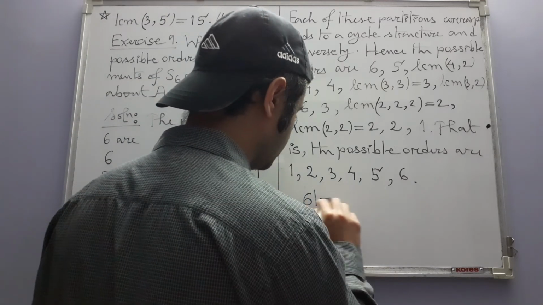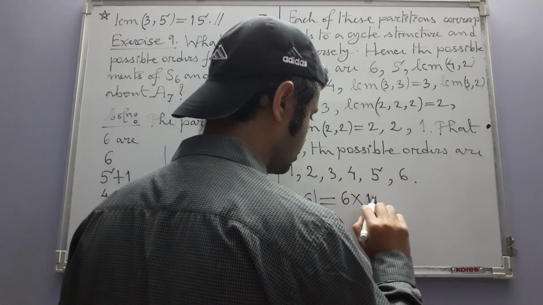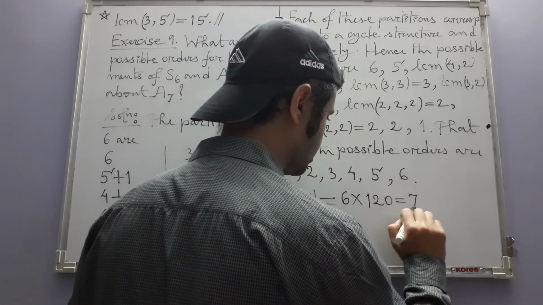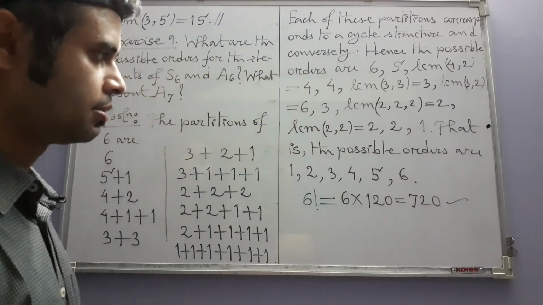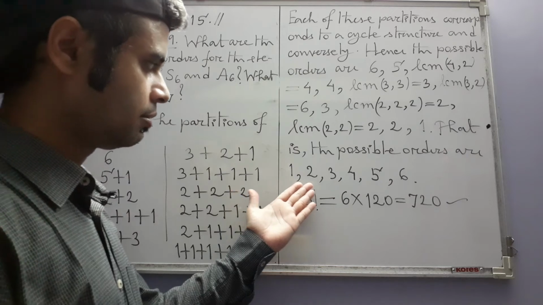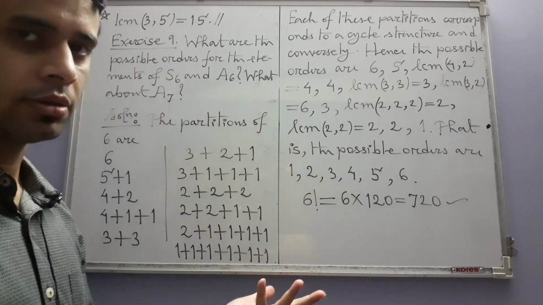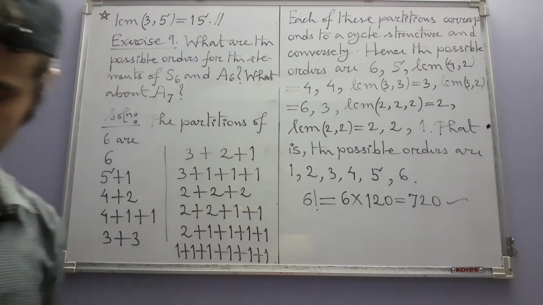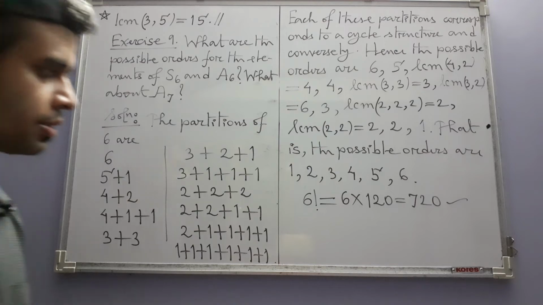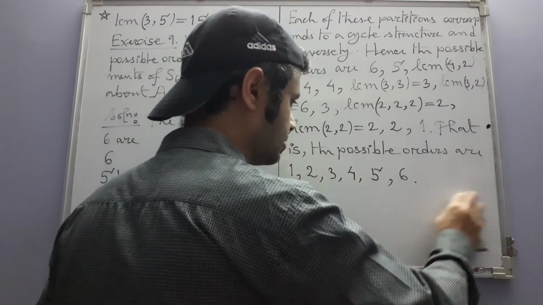How much is that? 6 times 5 factorial, that means 720 elements are there in S6, but the order can be at most 6. It cannot go beyond that. Okay, so these are the possible orders that the elements can have in S6.